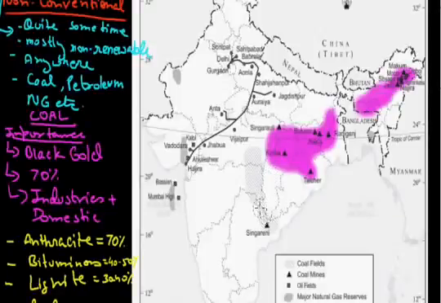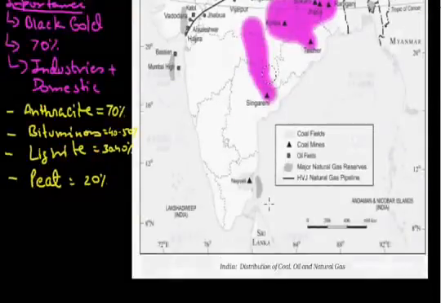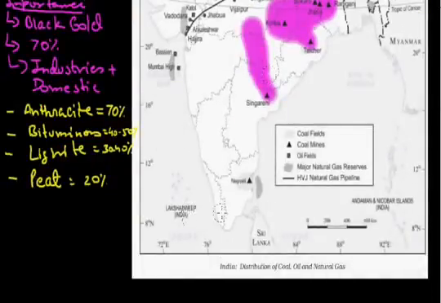The next one is the Bastar region and nearby Bastar region, plus this region of Vidarbha is also rich in coal. A lot of coal fields are found here. The next coal field is also found in South India, in this part of Tamil Nadu near Neyveli and Chennai.